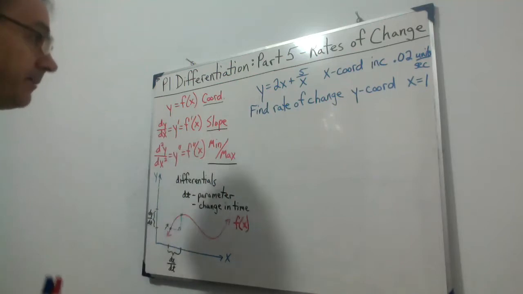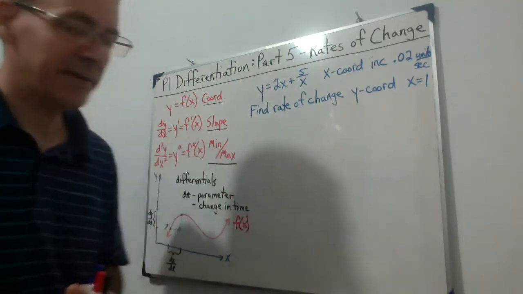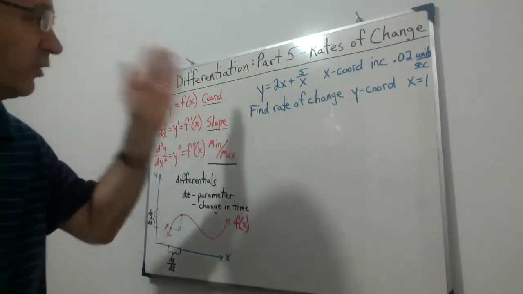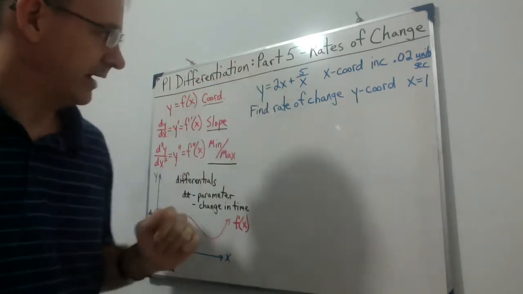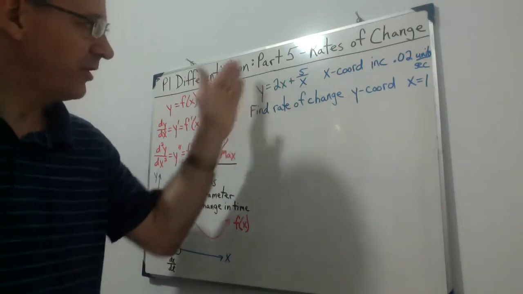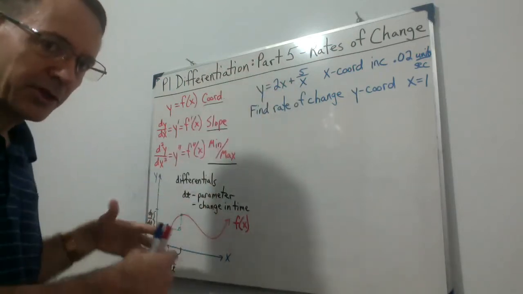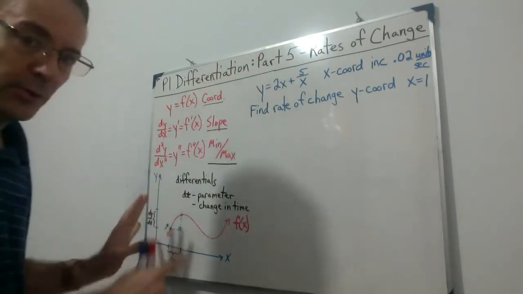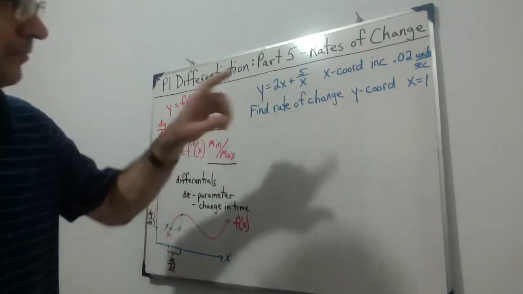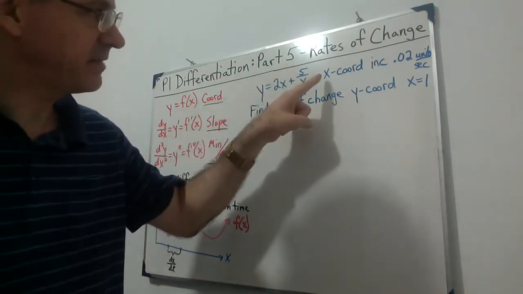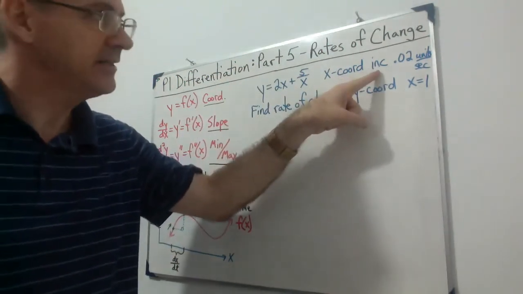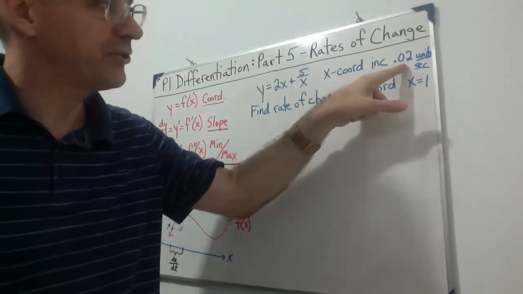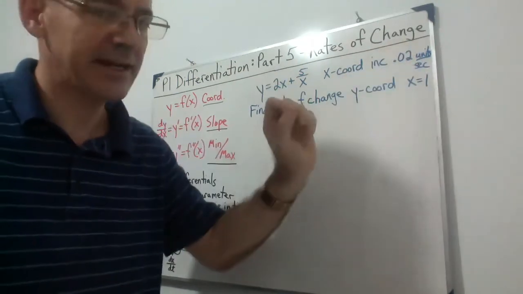Okay, so for our first example, here we have an equation, y equals 2x plus 5 over x. Now again, this will give some sort of a curvy graph, but we don't get to see it. And it says that the x coordinate is increasing at 0.02 units per second.